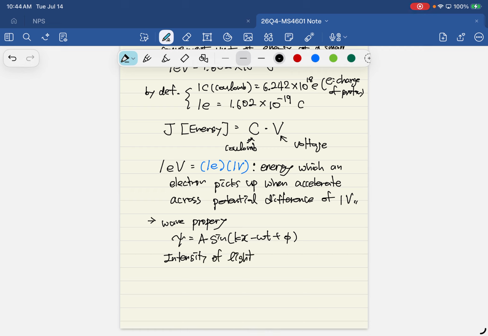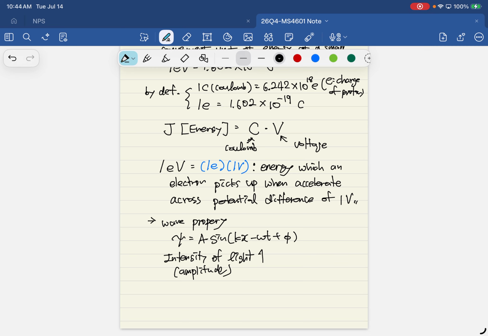In this equation, what is the intensity of light? That is the amplitude, A. So intensity of light is associated with the amplitude, how high the wave is oscillating.